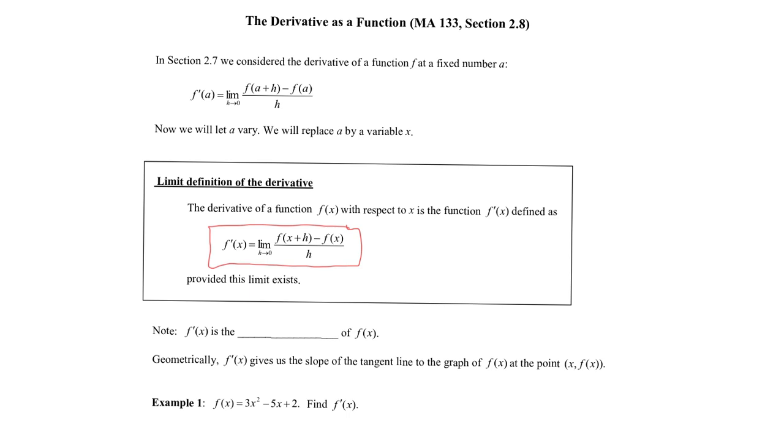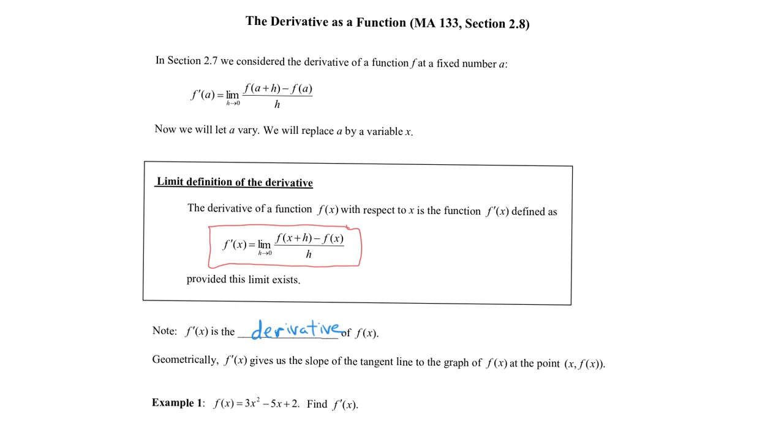A little note here: f prime of x is the derivative of f of x. Geometrically, f prime of x gives us the slope of the tangent line to the graph of f of x at this particular point, and we talked about that before.